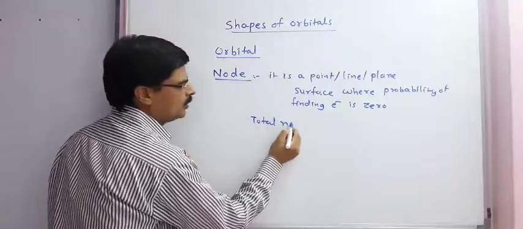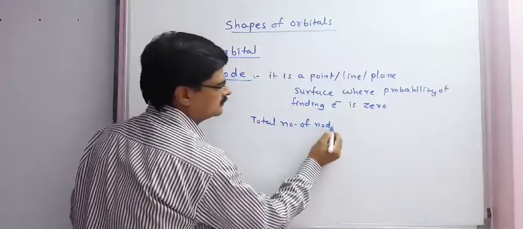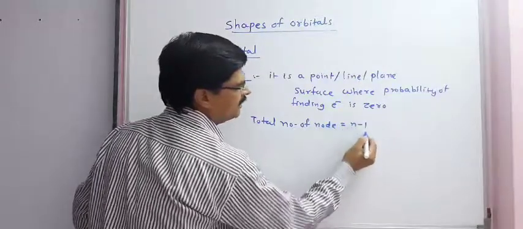Total number of nodes is equal to n minus 1.